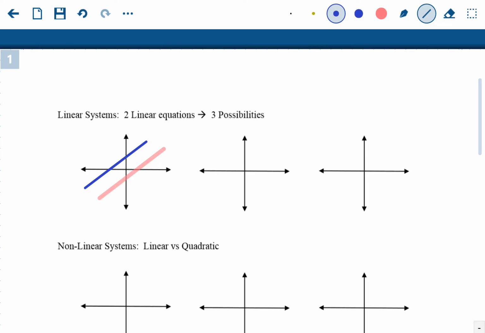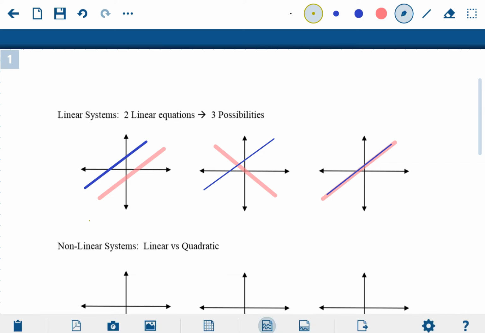You could have the scenario, the more common scenario, where your two lines intersect in one spot. Okay. So it would be one solution. Or you could have the case where it's actually the same line, and in that case you would have infinitely many solutions. Okay. So those were the three possibilities for a linear system of equations, a linear equation versus a linear equation.